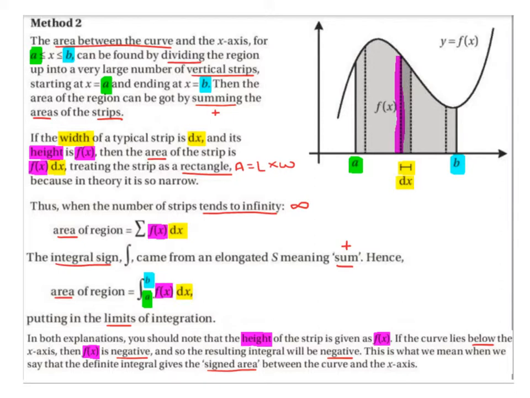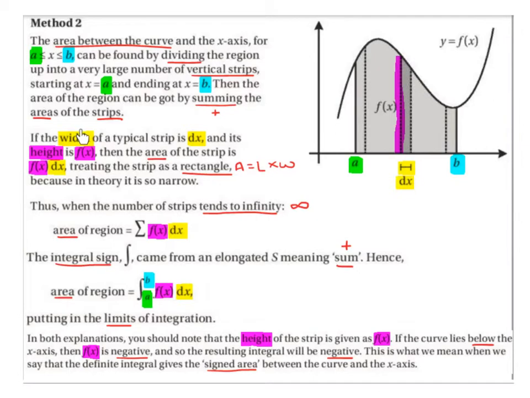So the area between the curve, here's our curve, and the x-axis, between A and B, so basically this area here, can be got by dividing the region into a very large number of vertical strips, starting at A and ending at B, and adding the areas of the strips together.